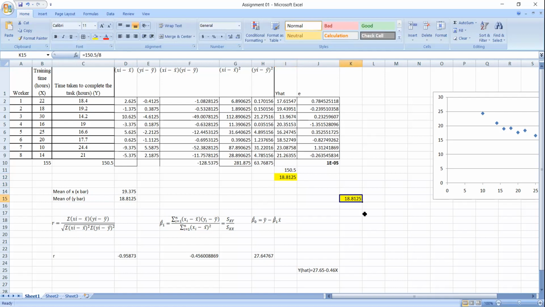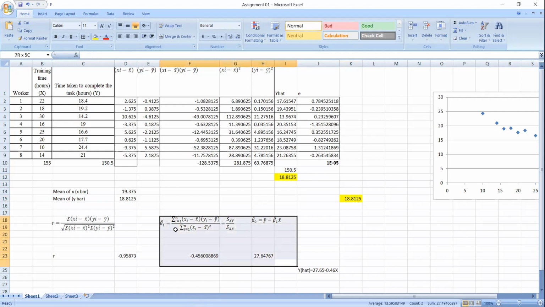And if you check whether the centroid point passes through the given line, we can see this is our fitted line, right? This is our beta 1 value, minus 0.456, and this is our beta naught value, 27.64.